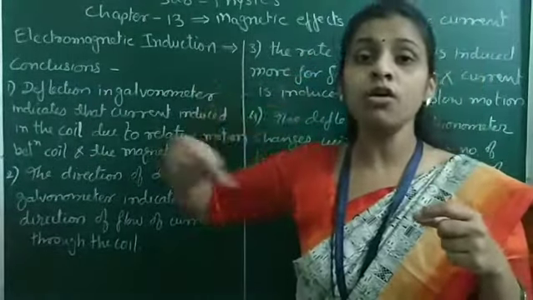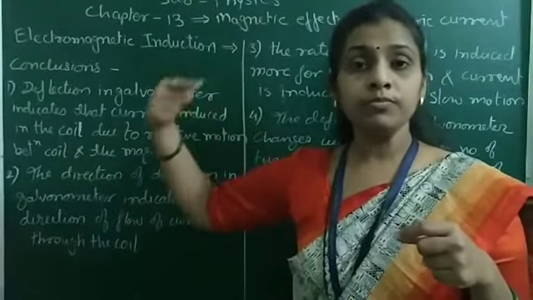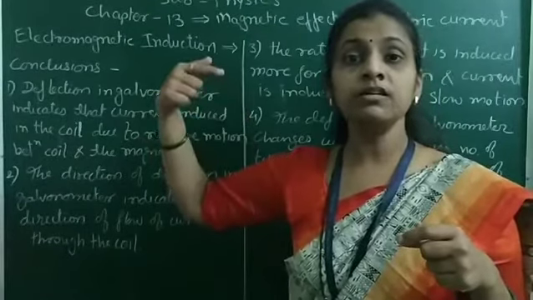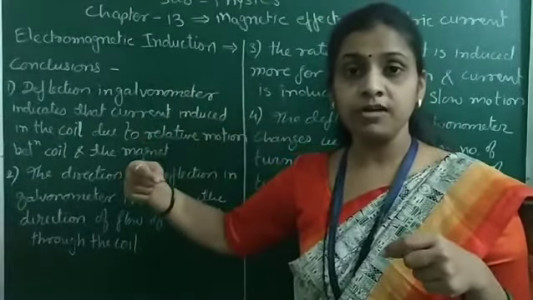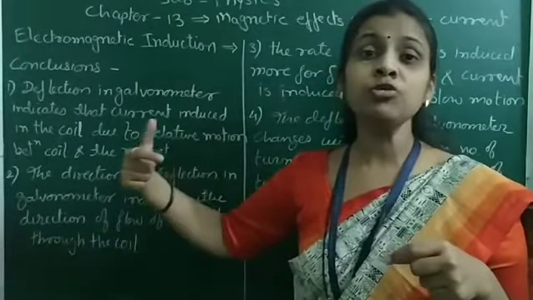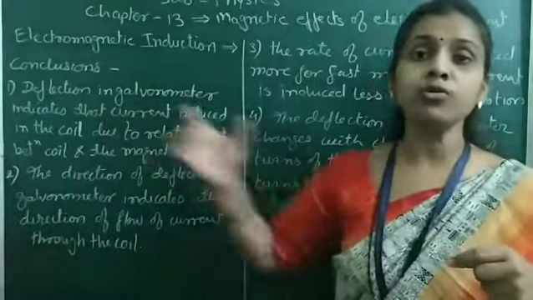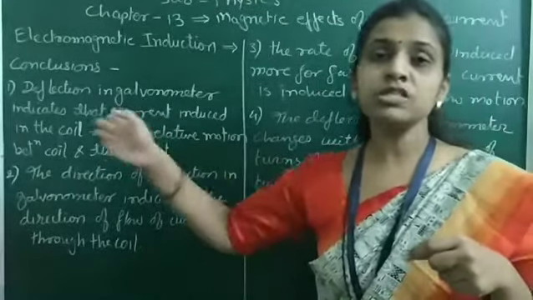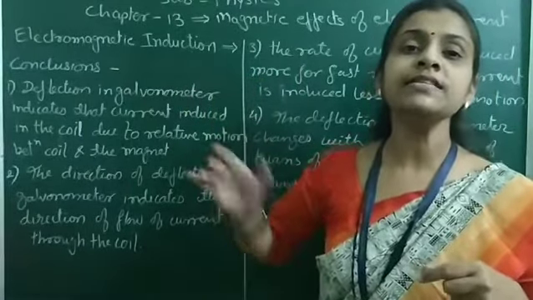Each turn of the coil gets the magnetic field, and each loop produces electric current. So as the magnet moves to and fro, towards the coil and away from the coil, the number of magnetic field lines increases and decreases.